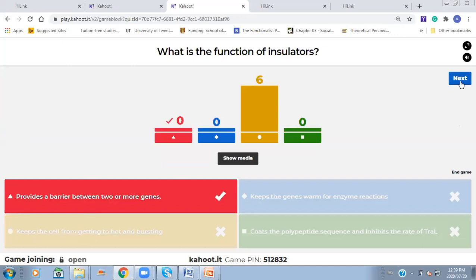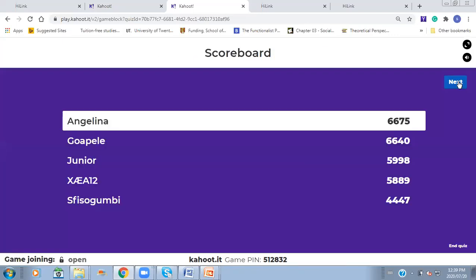Oh, the correct answer. Nobody got the correct answer. Apparently, you all took the wrong one, but let's see. Okay, so it remains the same.